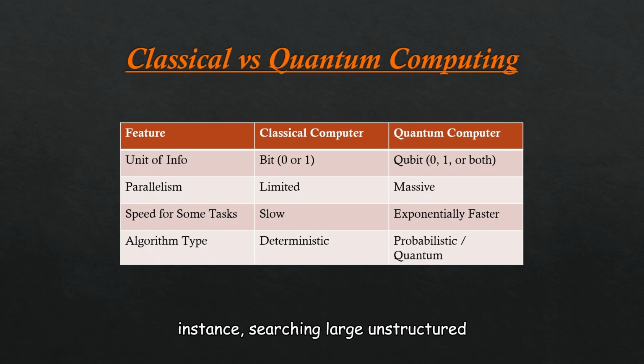For instance, searching large unstructured databases, cracking modern encryption, or simulating molecules in chemistry. These are all extremely difficult, or even impossible for classical systems, but solvable with quantum methods. So, while today's classical algorithms are deterministic and step by step, quantum algorithms are probabilistic, parallel, and mind blowingly efficient.